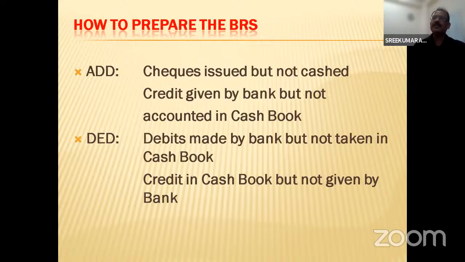We have already taken them into our cash book, so that's already in our closing balance. But in the bank balance, it is not there. So from our cash balance, this much amount needs to be deducted. Then only it will be tallied or reconciled with the bank balance.